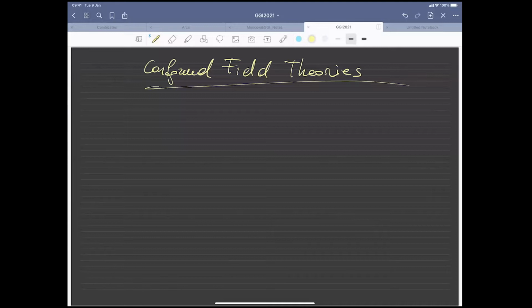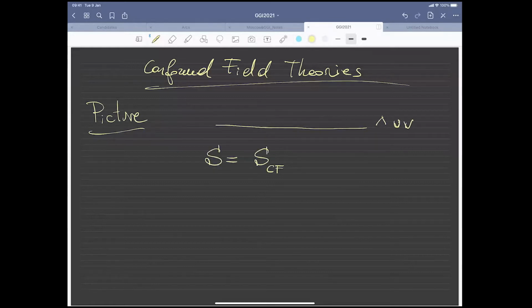The picture is that your theory emerges from some UV scale, and it is the action of the scale invariant theory, CFTs, plus small perturbations, very much like we did before.